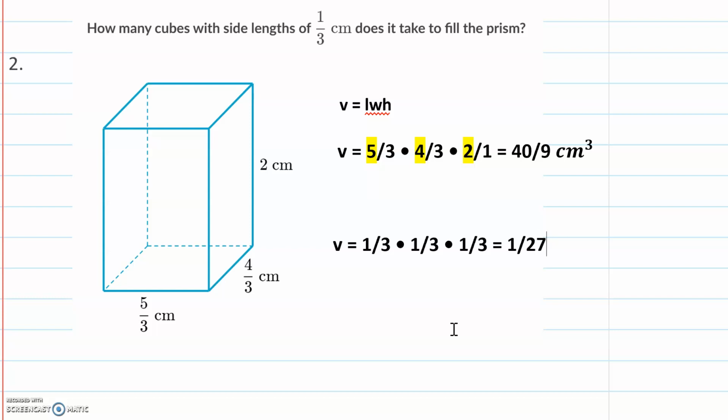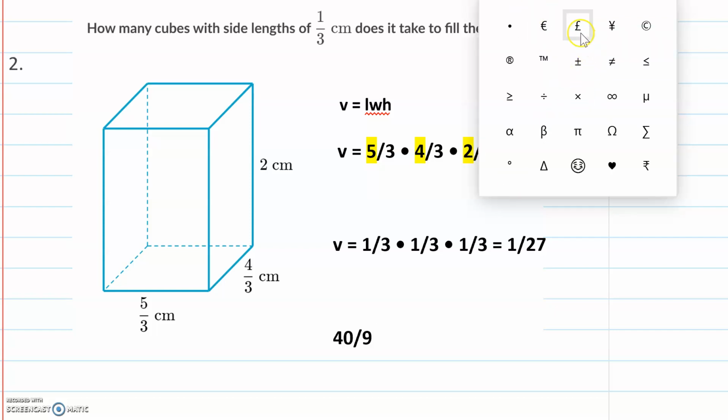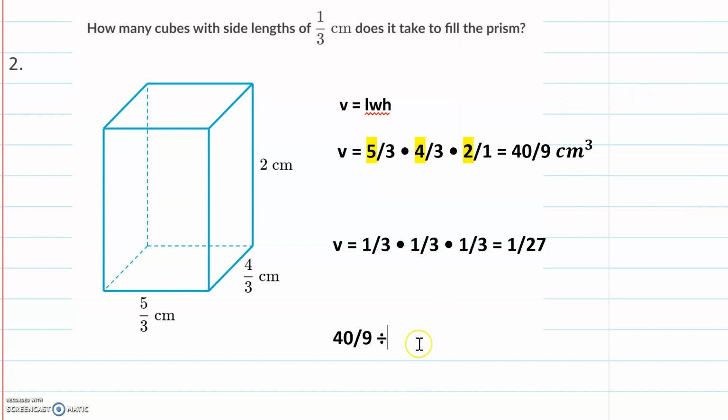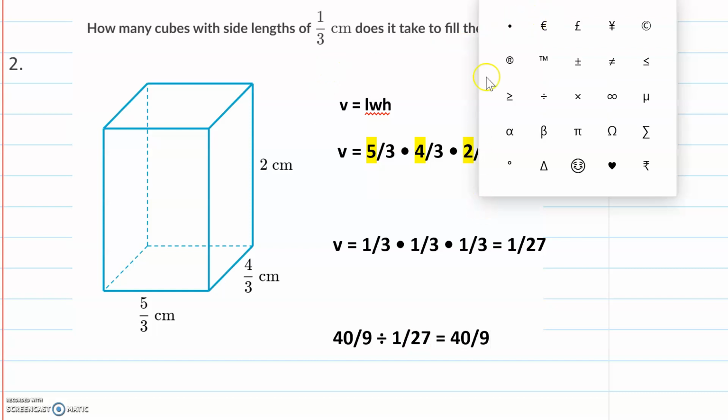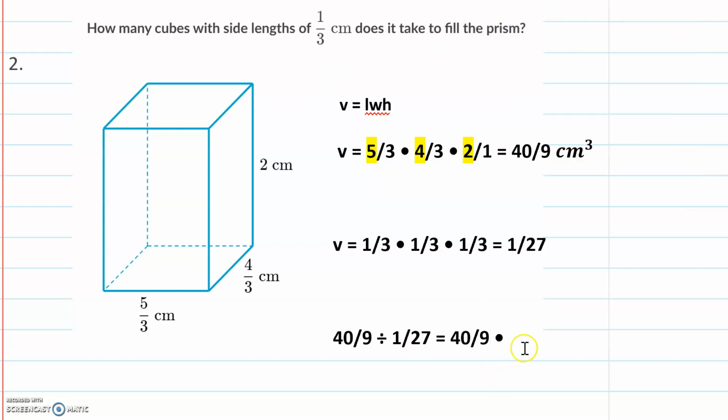And then just like we did on the other one, we're going to divide the volume of the rectangular prism by the volume of the cube. So we're going to take 40/9 and divide it by 1 over 27, which is the same thing as saying 40/9 times 27 over 1.